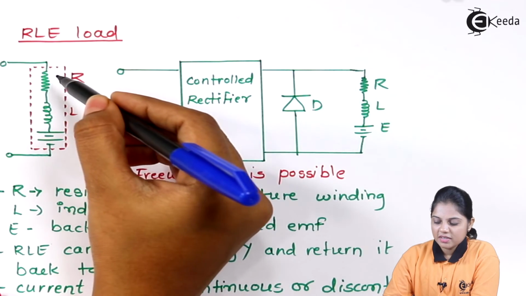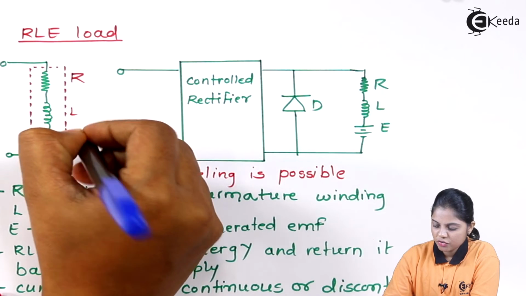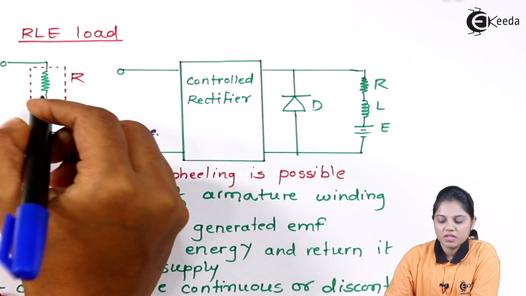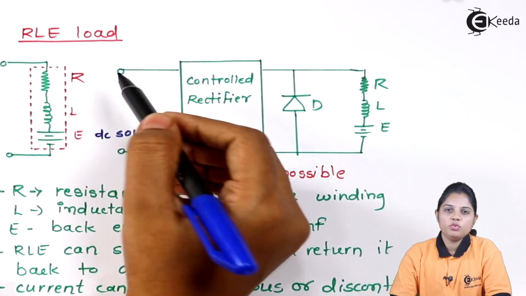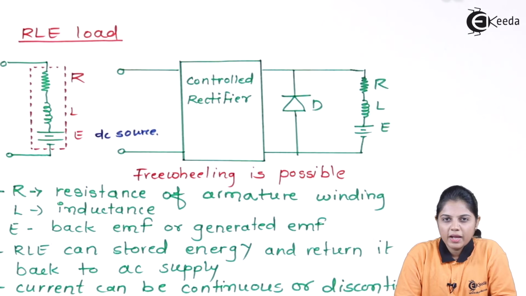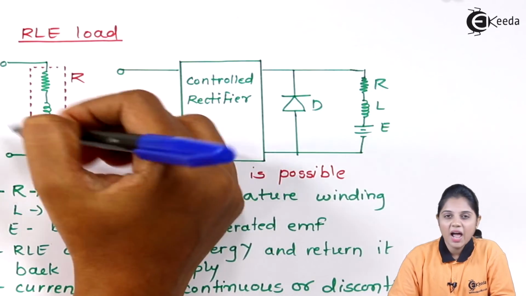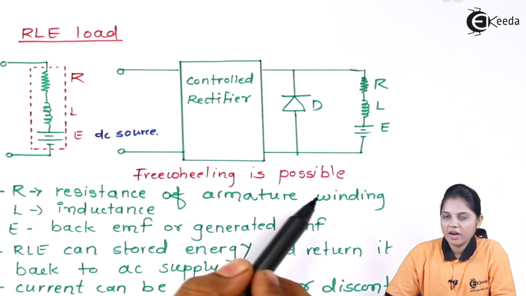RLE it is a RL type load which is connected with a DC source. Here E stands for a DC source which is connected in a series with a resistor and inductor. Now this type of load is basically used in a DC motor. If you know what is DC motor and how it works, then you always use the load which is a RLE type, where R stands for a resistance of a armature winding.